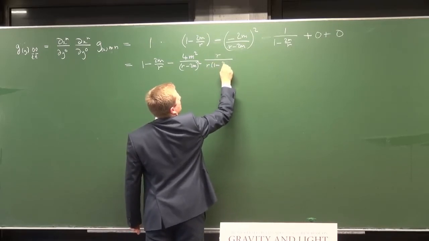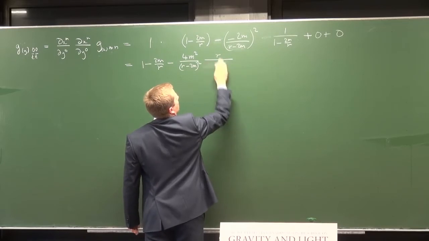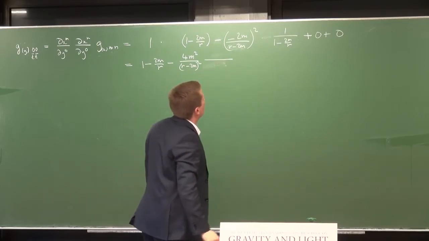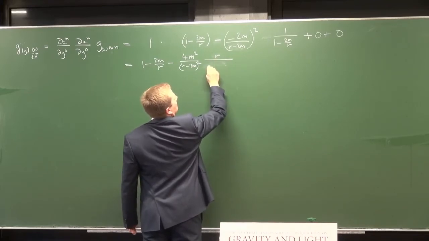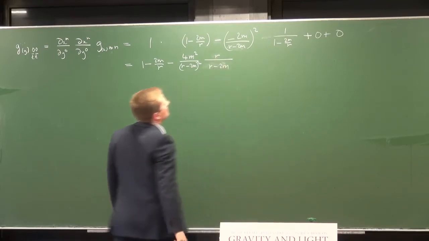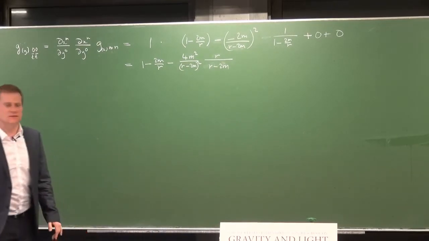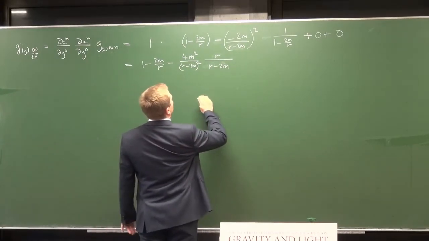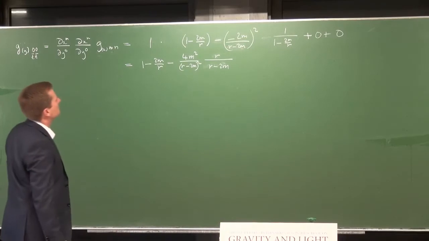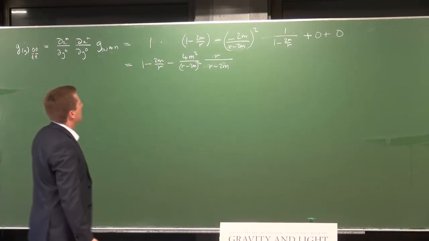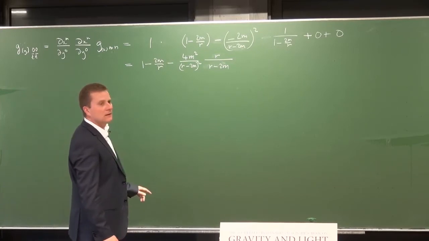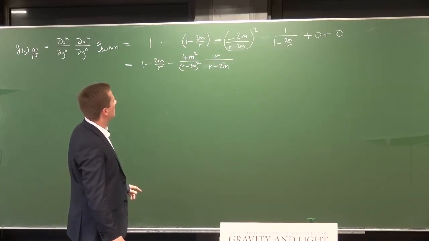I write an r up here, which is 1 over r down there, r minus 2m, right? Yes, I divide by r and I get this up there. I'm confused. Pardon me? It's a multiplication of r to the denominator.